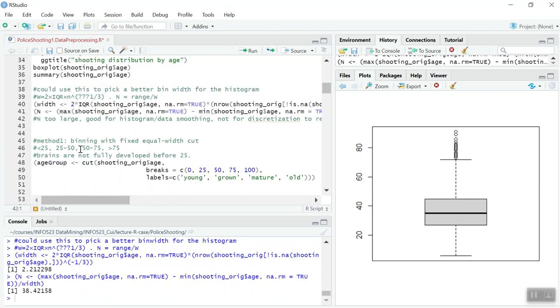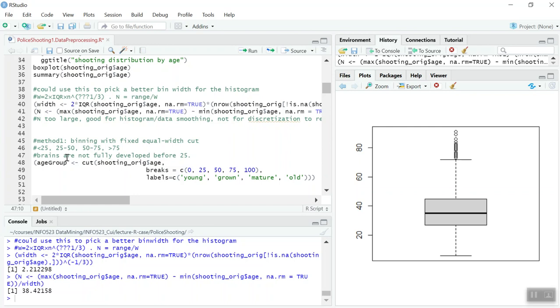We move on to a fixed equal width cut. So we can use 25 as an interval to cut them. The reason that I use 25 is because according to biology, one of the theories on why younger people often make mistakes that they regret is that their brains are not fully developed.